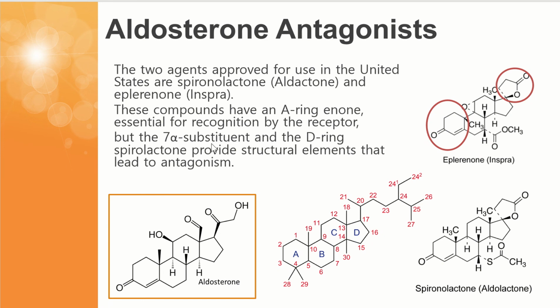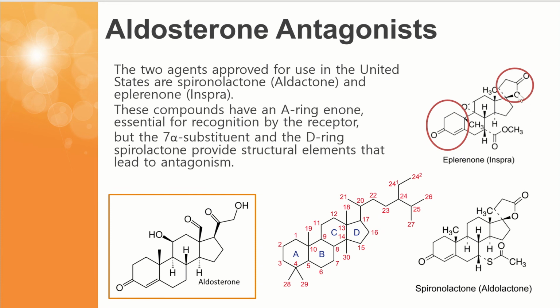But the 7-alpha substituent and the D-ring spirolactone provide structural elements that lead to antagonism. So clearly in aldosterone there is no 7-alpha substituent. Here we have a 7-alpha substituent, and we also have a 7-alpha substituent here. And this is the D-ring here, which is a spirolactone.